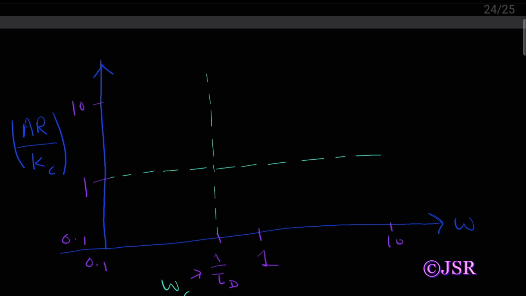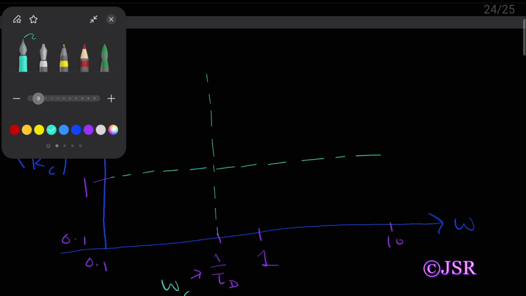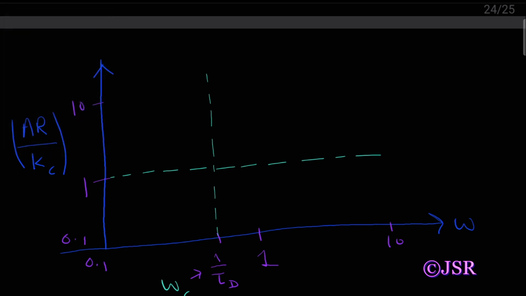So at this corner frequency, the value of gain is 1.41, and this is, let's say, this point.